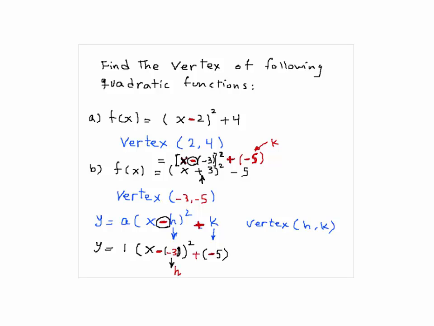Danielle, do you follow that also? Okay, good. So in other words, if you see a plus here, you know your h is negative. If you see a minus here, your h is positive, because this minus is part of the formula. So you really need to know what the general equation of the parabola looks like.